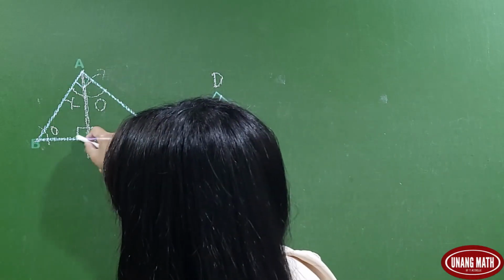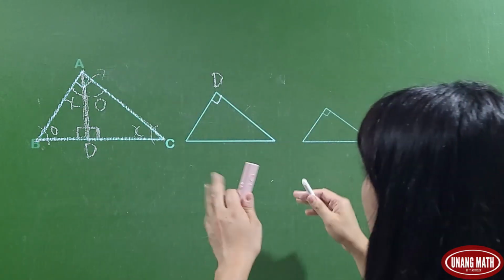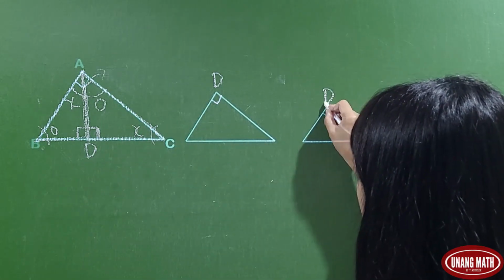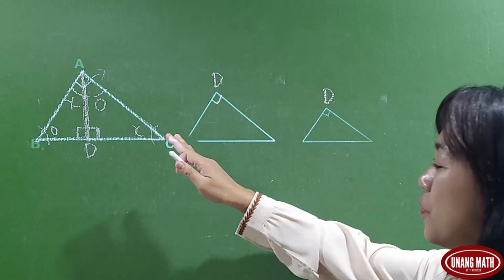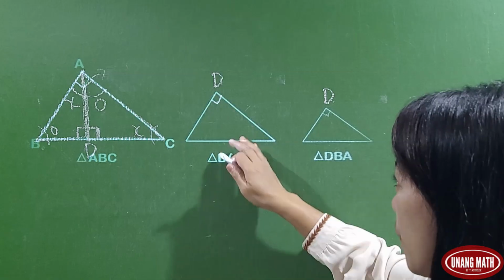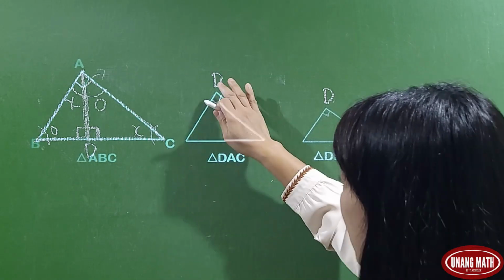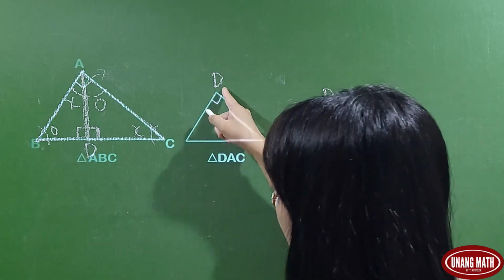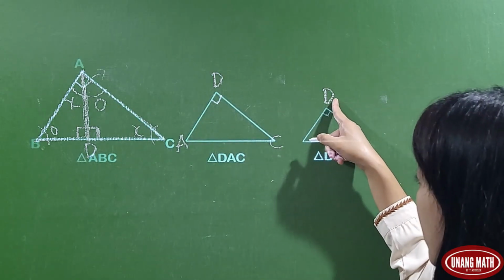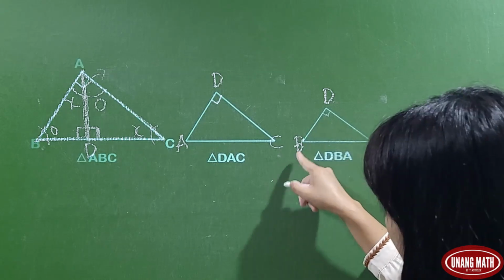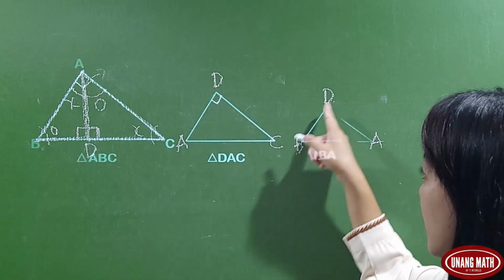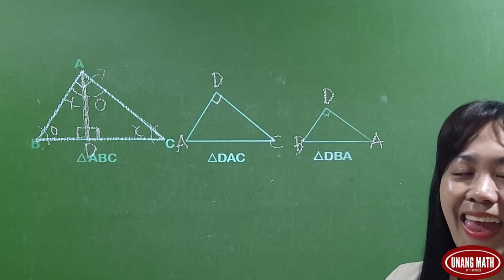That is this right triangle. We also rotated, so the right angle is this angle, and this is point D. Considering the corresponding sides and angles, we will name this right triangle DAC. So this is D, point A, and point C. What about here? This is B, and this is A. So this is triangle DAC, and this is triangle DBA.